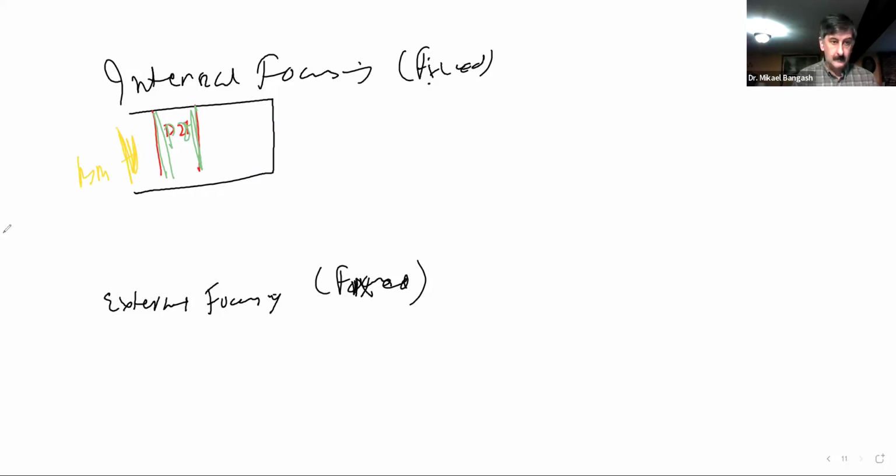But what we will have in the case of internal focusing is the curved surface of the PCT.